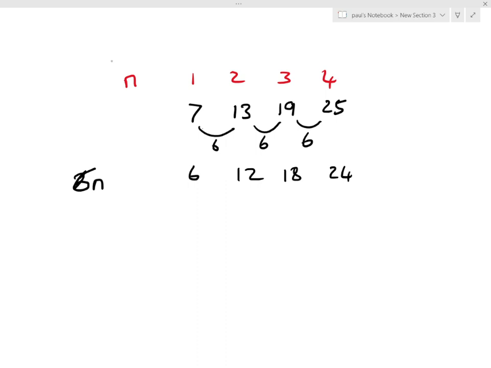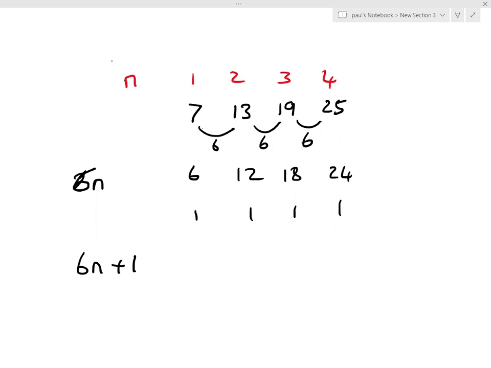That's not the same as the sequence above. 7 minus 6 is 1, 1, 1, 1. The difference between 6n and the sequence numbers is 1. Therefore, we have 6n plus 1 as our nth term expression.